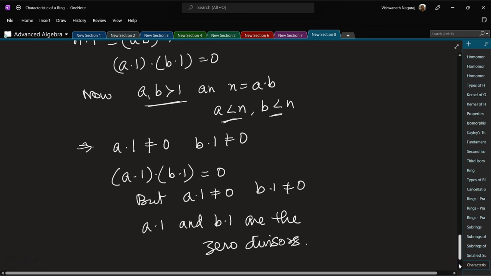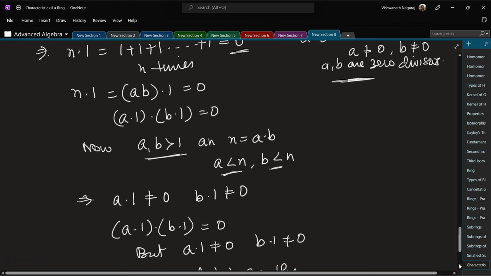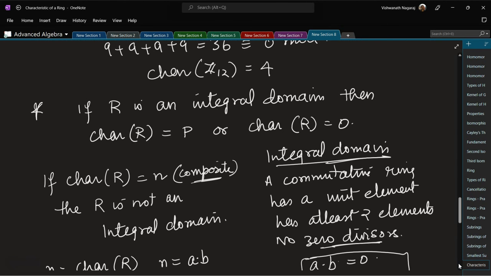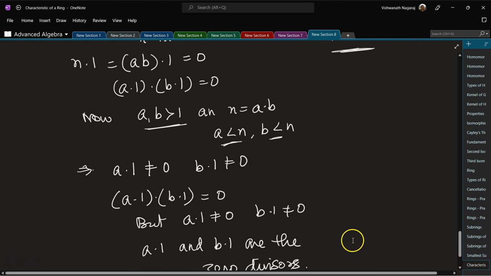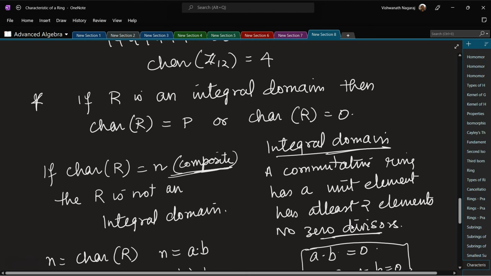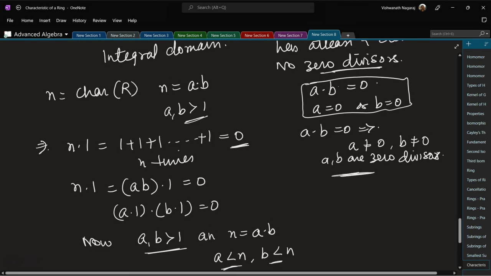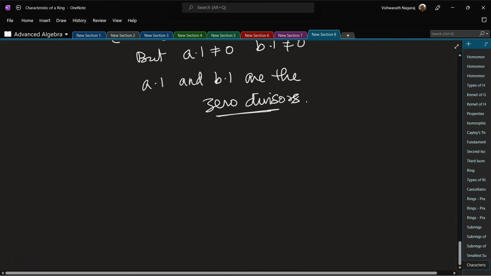So since zero divisors are there, that means the characteristic of R cannot be a composite number if R is an integral domain, which is what we started off by assuming. So if it is composite, zero divisors are present. That way we have shown that if R is an integral domain, then the characteristic of R is a prime number, or it can be 0. I think that's enough. Bye.